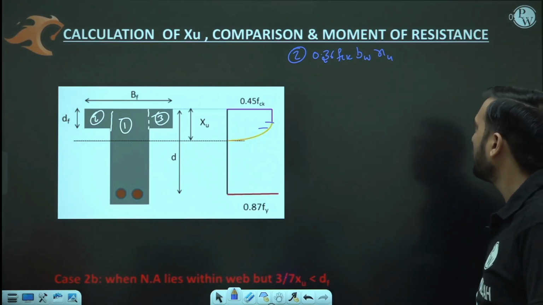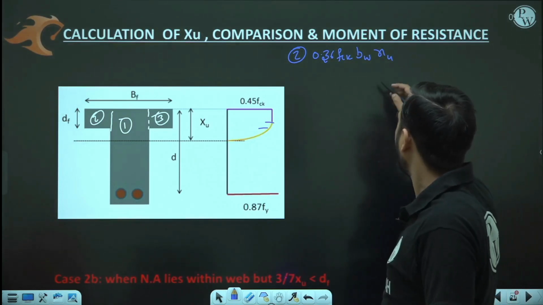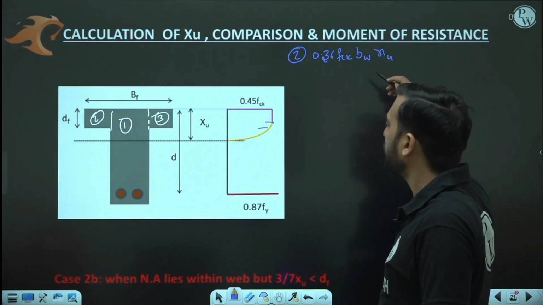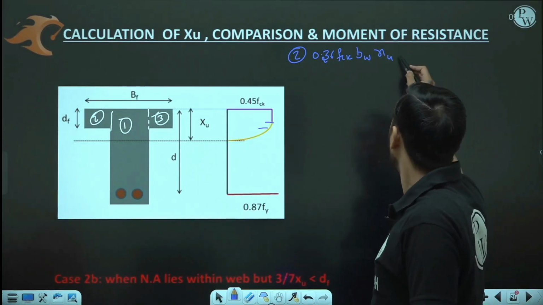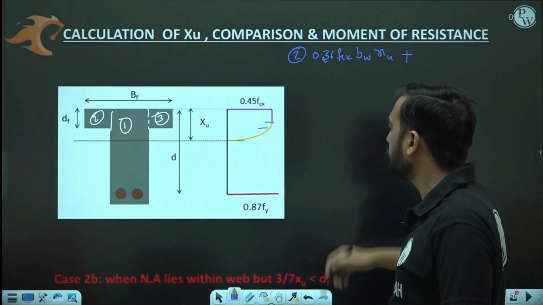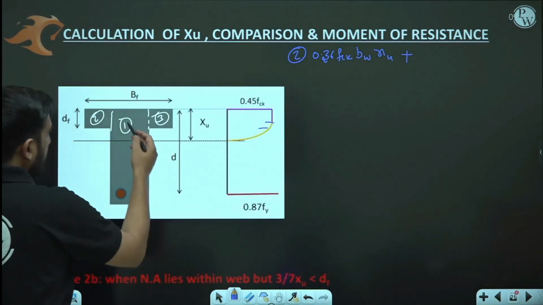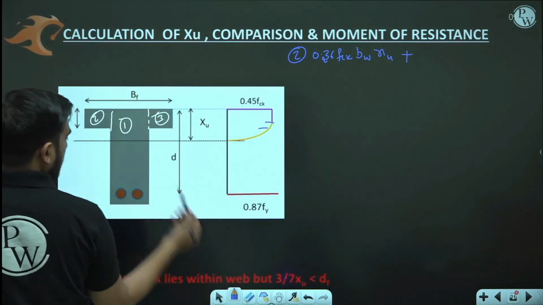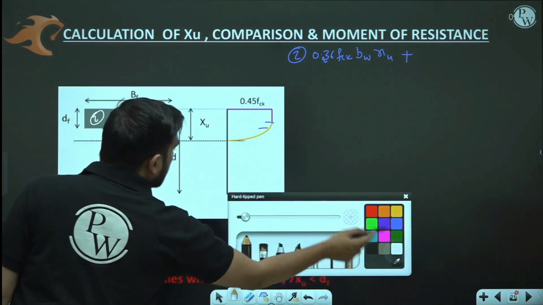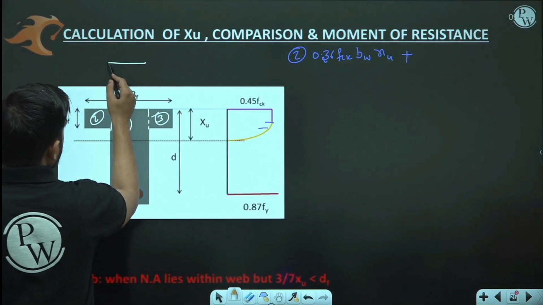This is the first compressive force. What would happen to 2 and 3? For 2 and 3, you can see that the portion remaining is this much.